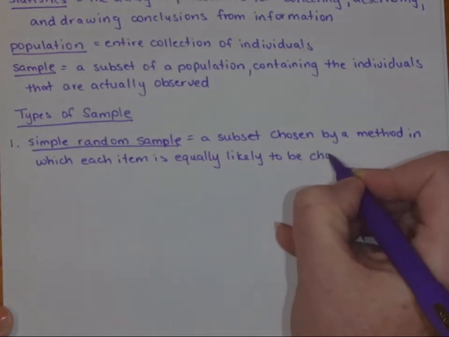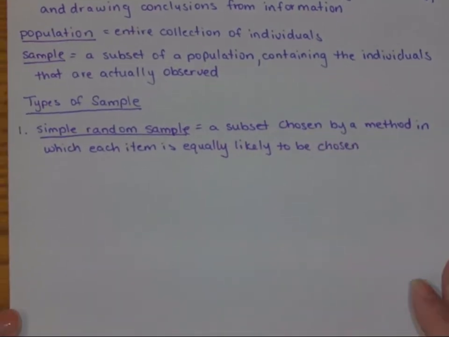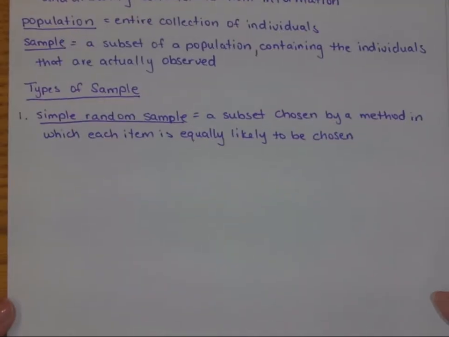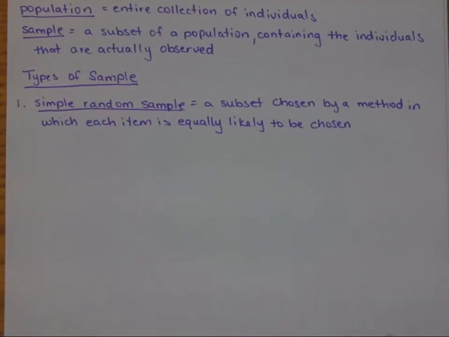So this is the standard that we're really striving for when we pick a sample. We want the sample to be as random as possible. Sometimes that's not always feasible though.